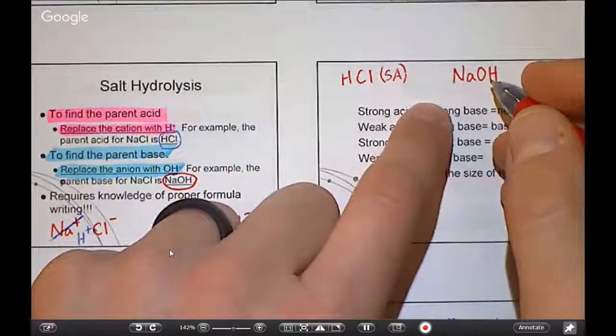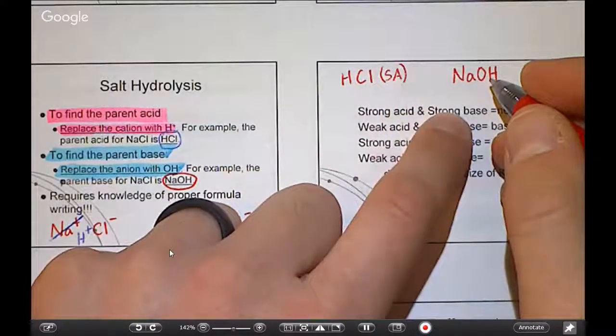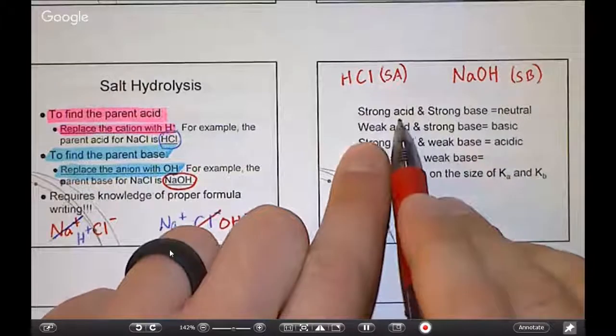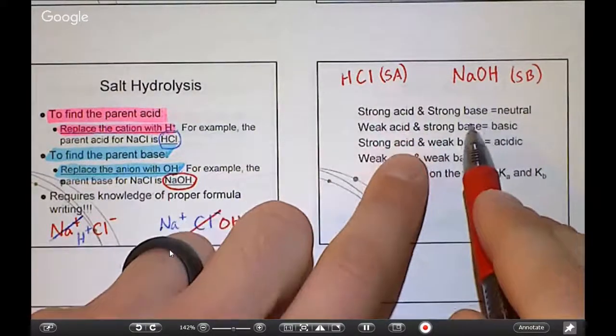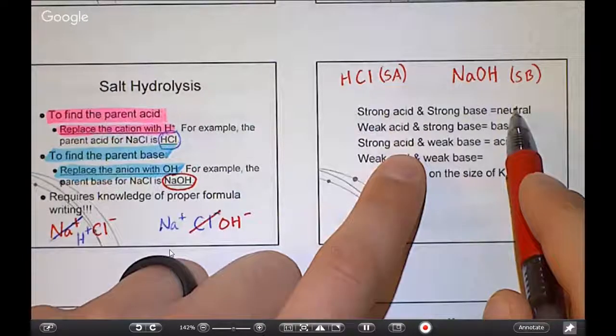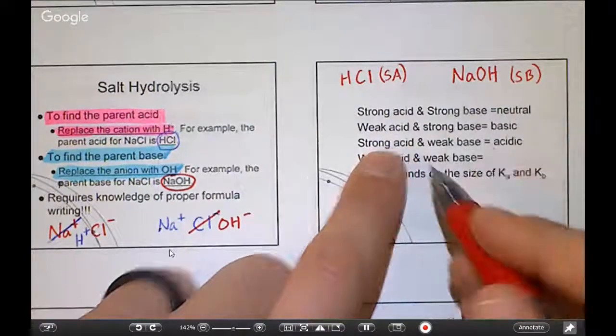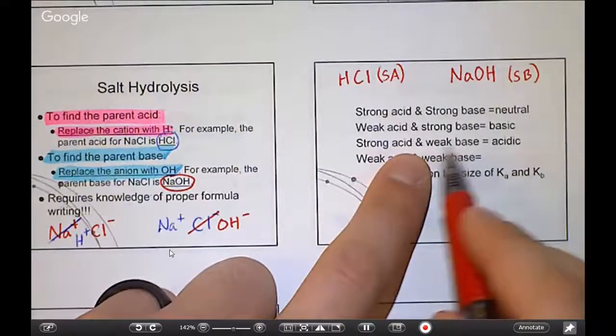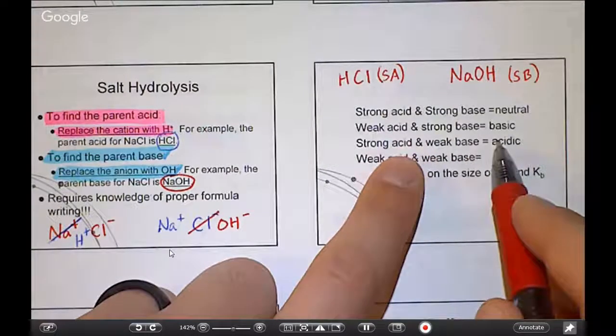Sodium hydroxide, is it a strong or a weak base? Strong base. So notice if we have a strong acid and a strong base, they kind of cancel each other out, meaning the salt is neutral. Okay. If we had a weak acid with a strong base, then the base is kind of winning out, so we're a basic salt.